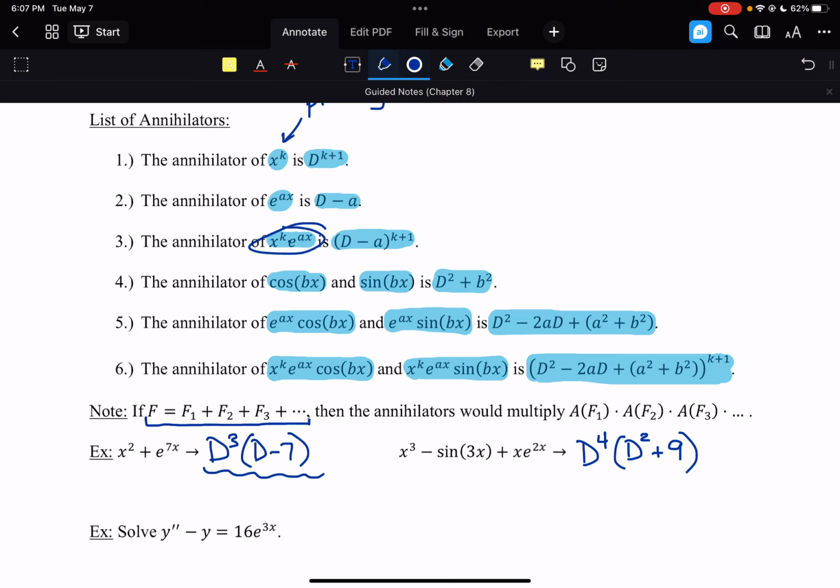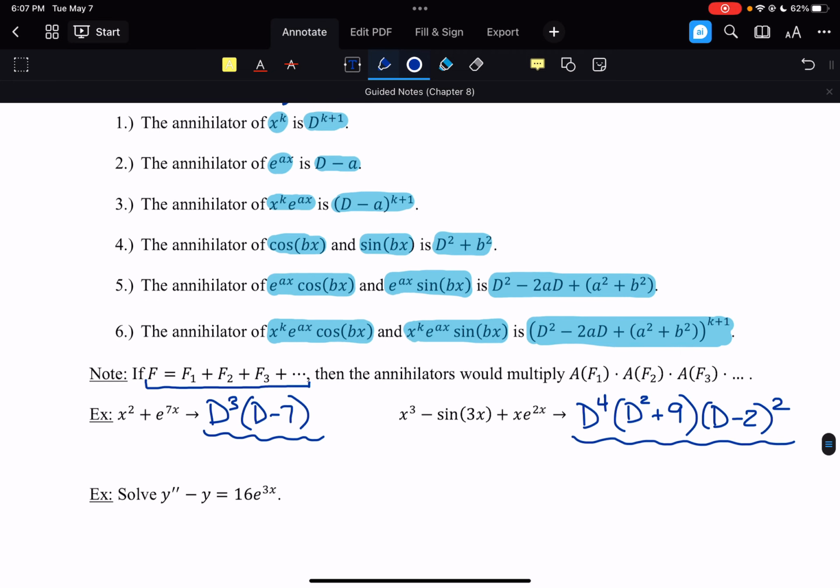So that's x to the first, e to the 2x, so that's going to be D minus 2 to the 2, so D minus 2 squared. And that would be the annihilator for this function. So if we were to apply this annihilator to this function, it would turn the function into a 0. That would then allow us to solve the differential equation in that way.